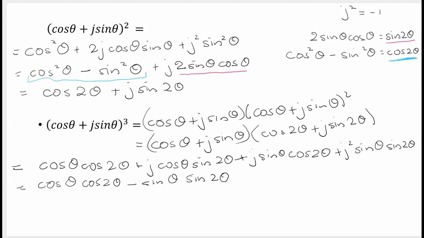And then I'm going to take out the common factor of j, and that leaves me with cos theta sine 2 theta and sine theta cos 2 theta.